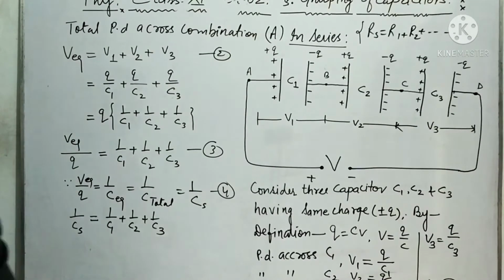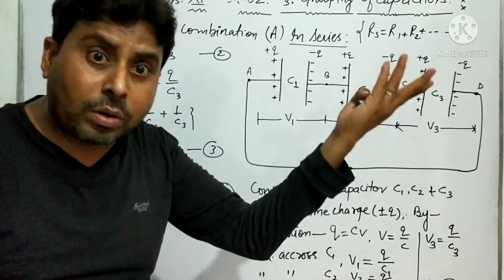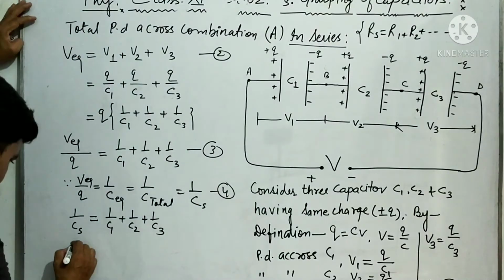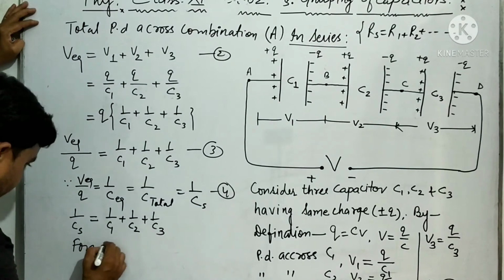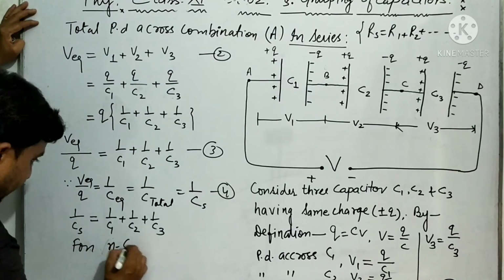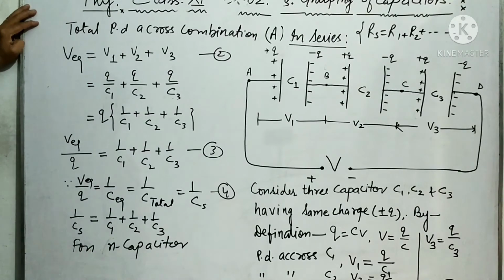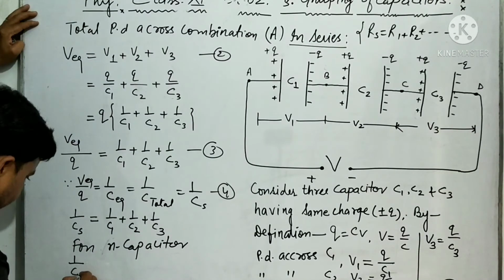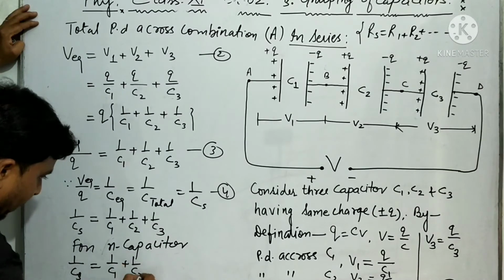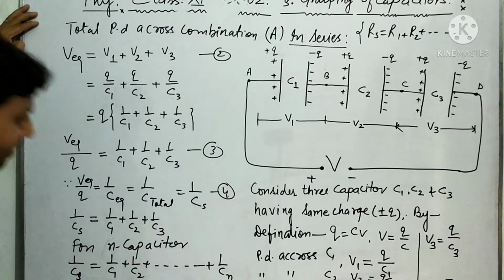For n capacitors, I am taking 3 here. You can take 2, you can take 4, you can take any number. So for n capacitors, 1 upon C for series combination is 1 upon C1 plus 1 upon C2 plus and so on up to 1 upon Cn.